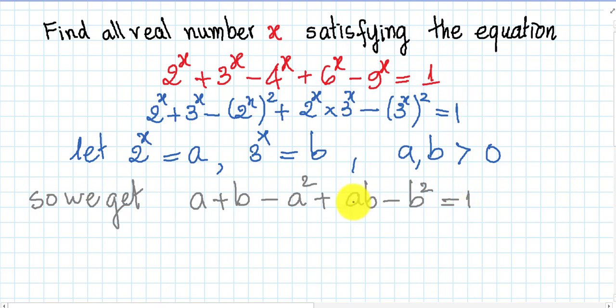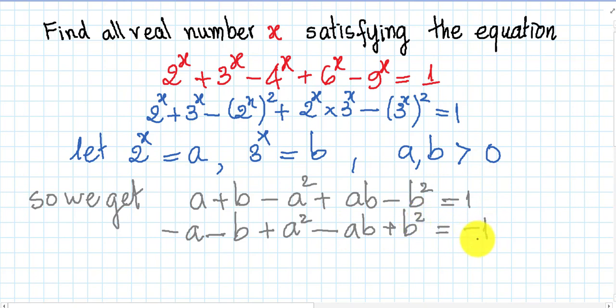And I can multiply both sides of this equation by minus 1. We get minus a minus b plus a squared minus ab plus b squared equal minus 1.